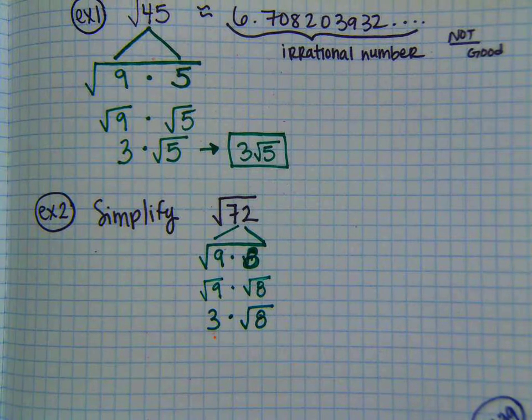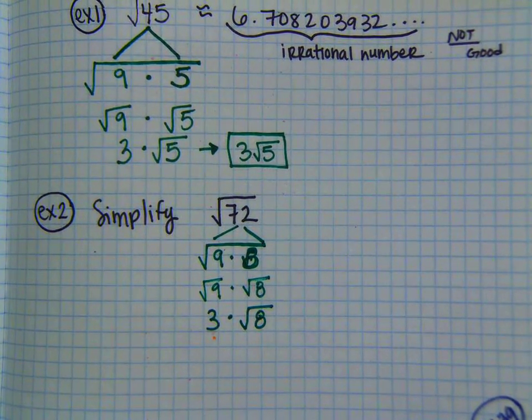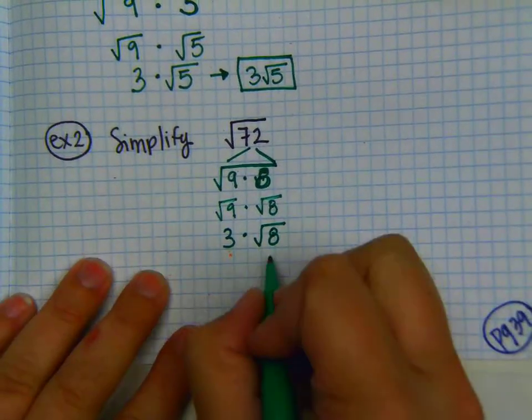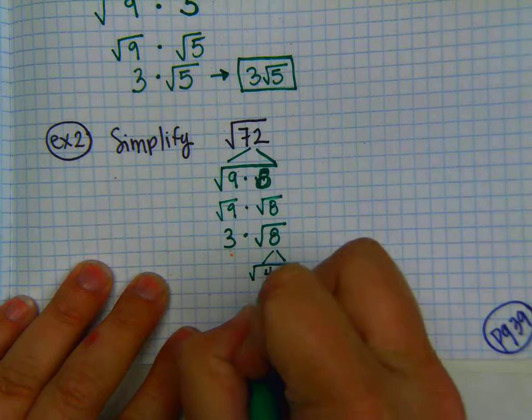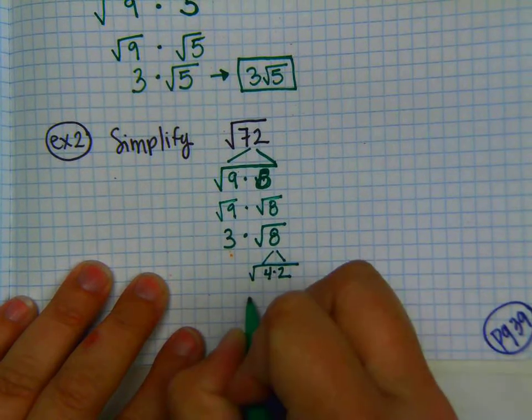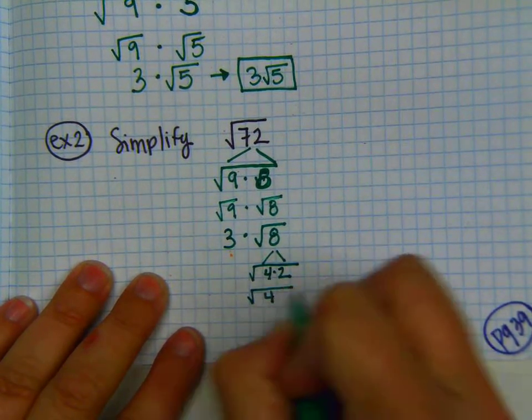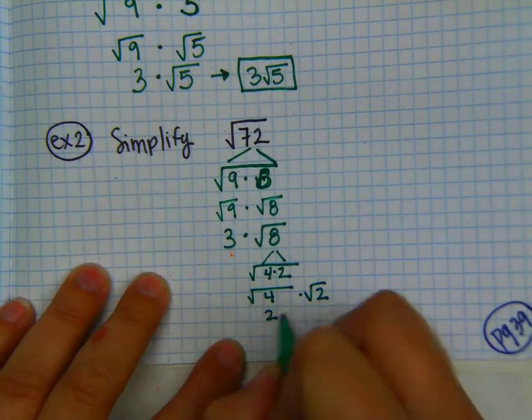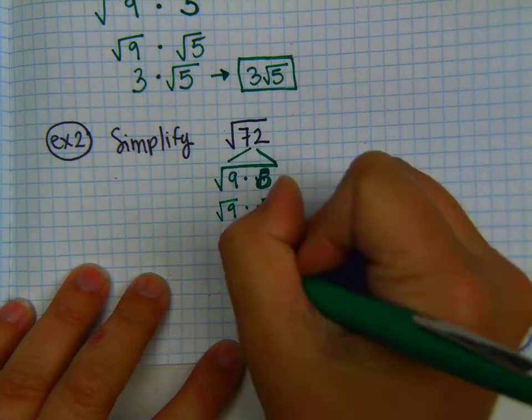Now I'm going to guess a lot of you stopped there. That's not completely done. Because look at 8. Can I break up 8 anymore? Yeah, I can break up 8 into the square root of 4 times 2. So that would be the square root of 4 times the square root of 2. And I know the square root of 4, that's 2. I need to bring down my 3.